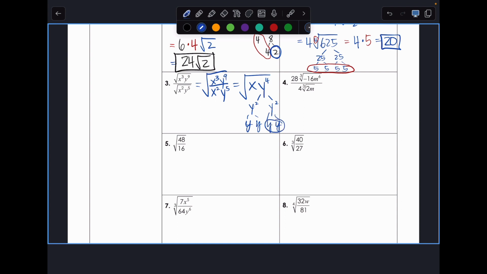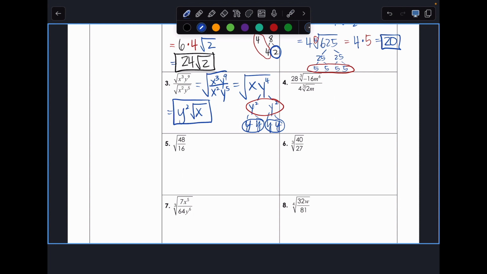I have 2 groups of y, so if they both come out, then it's going to be y times y, making it y squared. So that's why I said you can take out these instead of breaking it down further. Does that make sense? Okay? So I have y to the 2nd power, and then what's left is x. Okay? You guys doing okay?